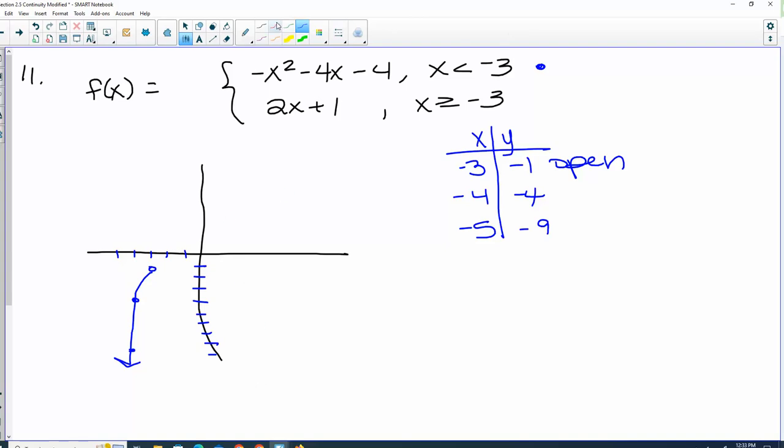Now we do the second piece. So we make a new T-chart for that piece. We have to put in -3. Will this one be open or closed? Closed. And then we need things bigger than that. So maybe a -2 and a -1. So if we put in -3, -6 plus 1, -5.